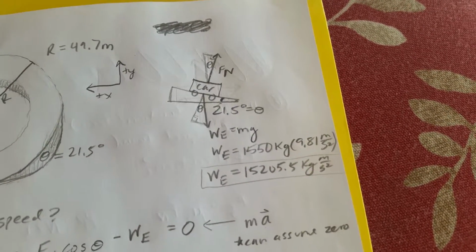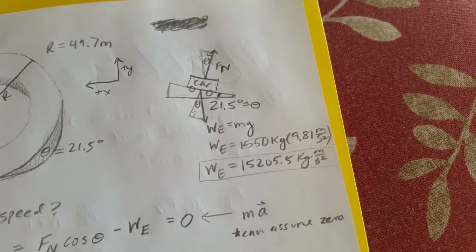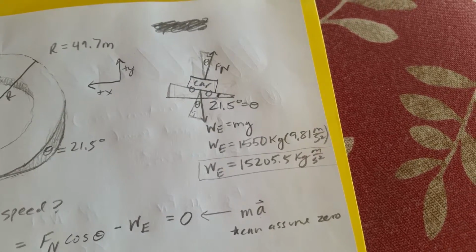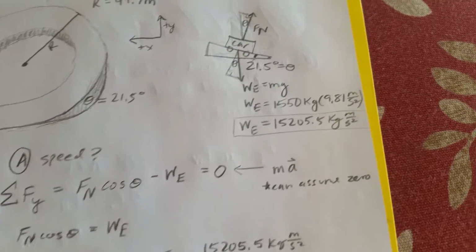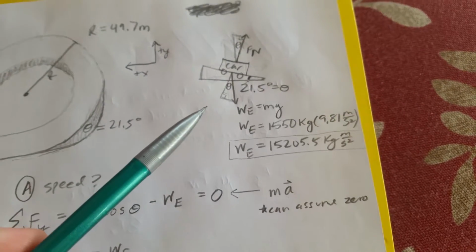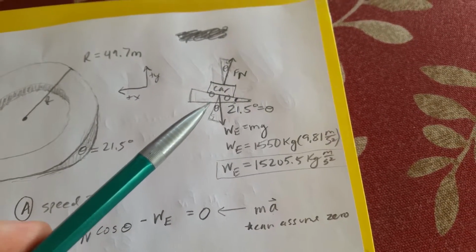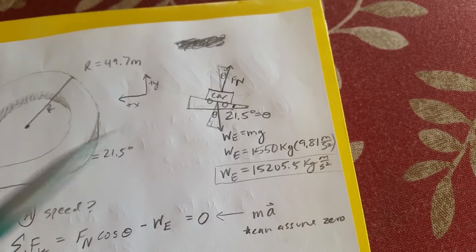So for my free body diagram, the only forces in the y direction are the force normal and one component of the weight of the earth. So this component right here, and then the force normal component.